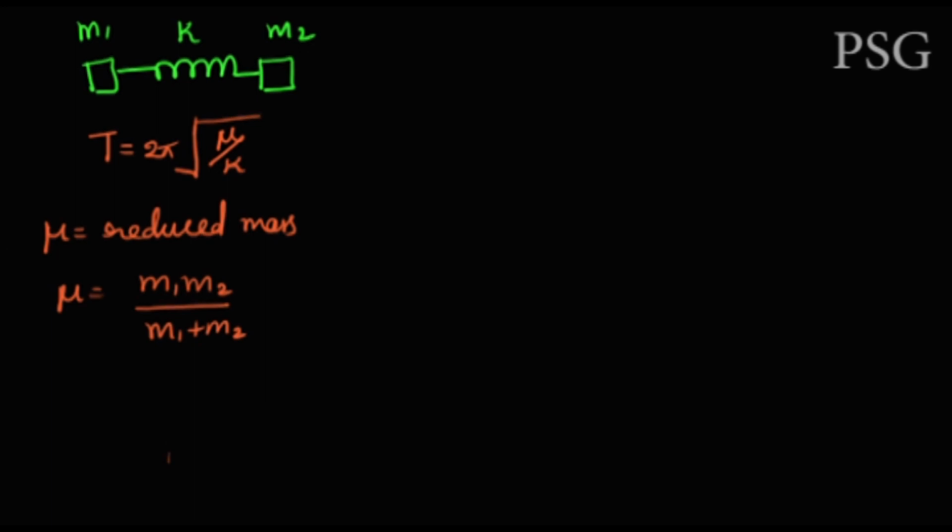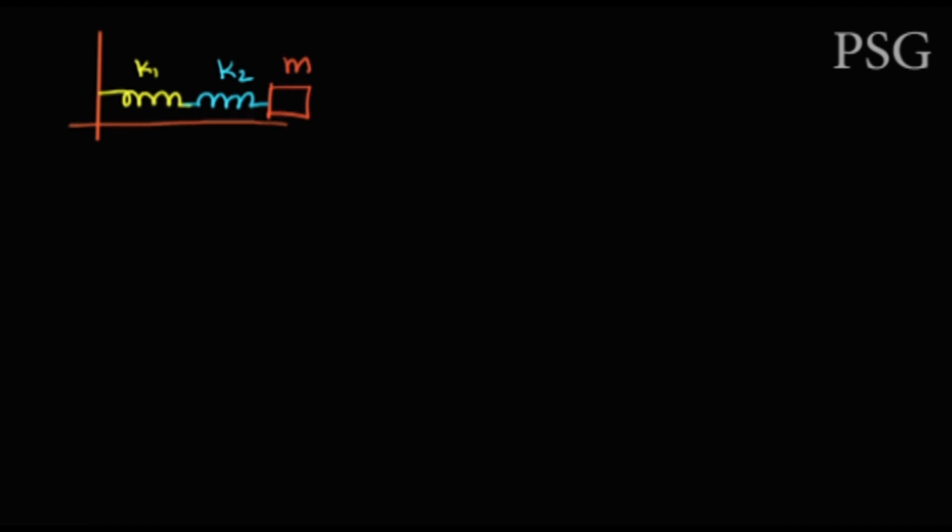Now let us study how the value of spring constant varies for combinations of springs. Let me consider two springs connected in series, with spring constant k1 and another spring of constant k2, attached to a mass m in series.